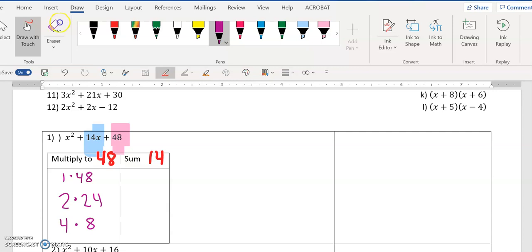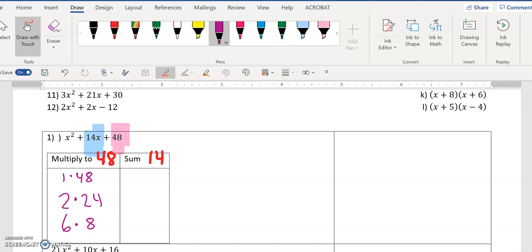Not 4 times 8. 6 times 8 makes 48. One thing about factoring, and I don't really need to, but if you would like to have a calculator out to try different numbers, you can. It can be a helpful tool.